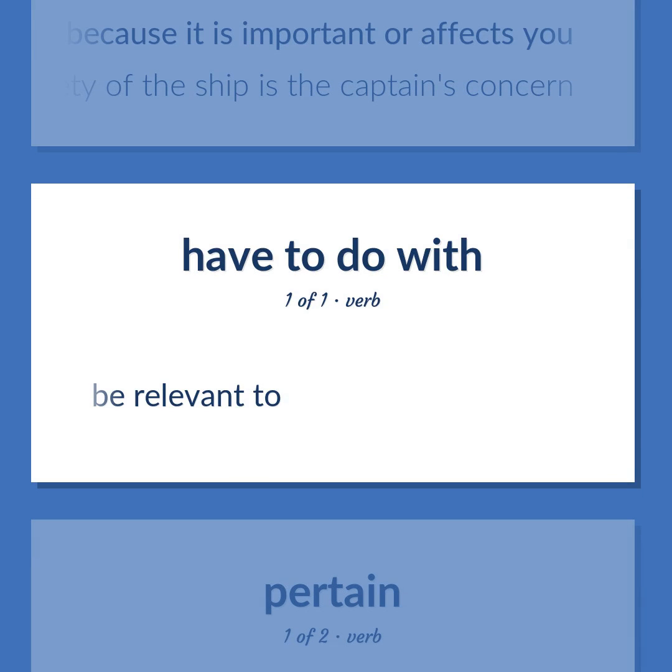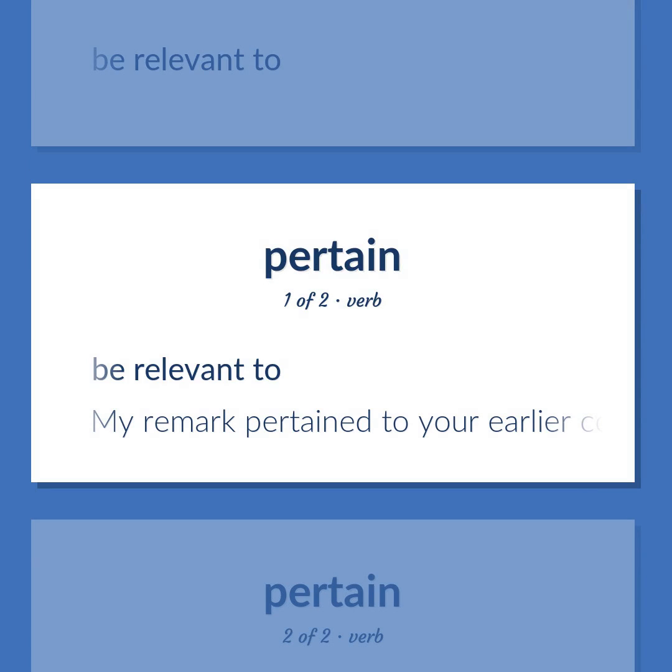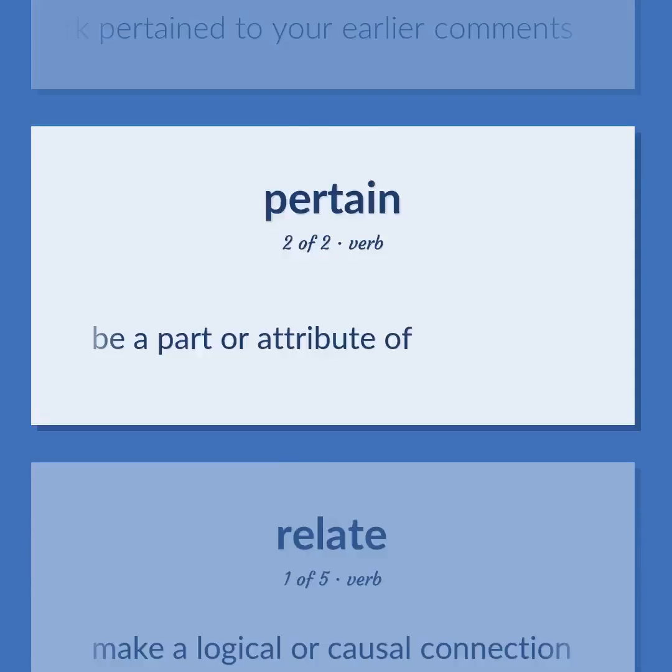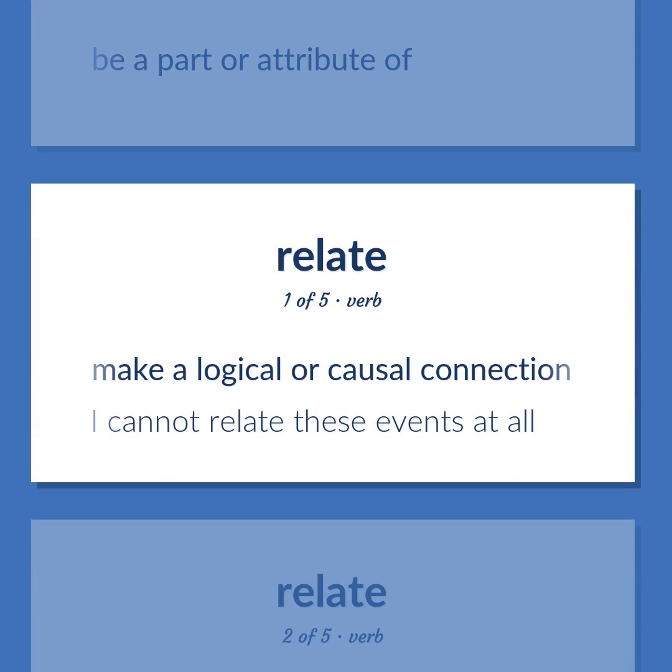Be relevant to. Be relevant to. My remark pertained to your earlier comments. Be a part or attribute of. Make a logical or causal connection. I cannot relate these events at all.